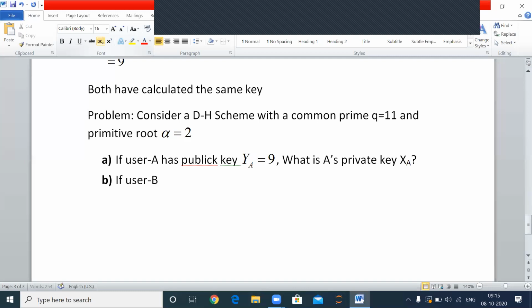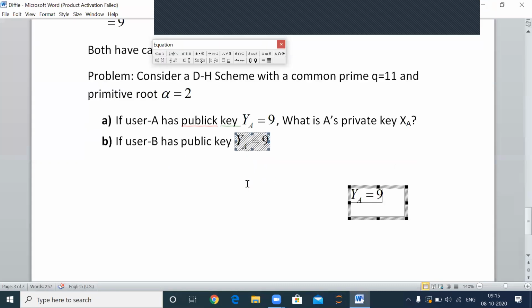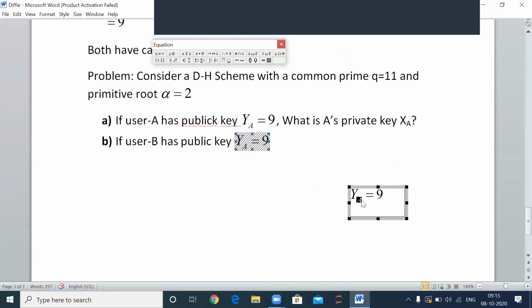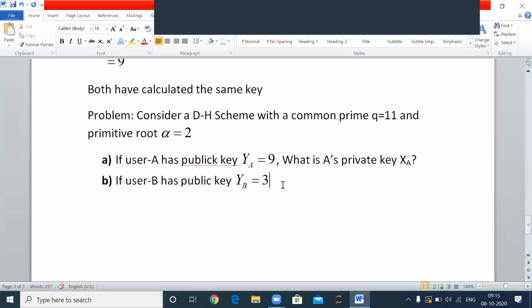And the second question they may ask: if user B has public key YB equal to 3, what is the shared secret key?